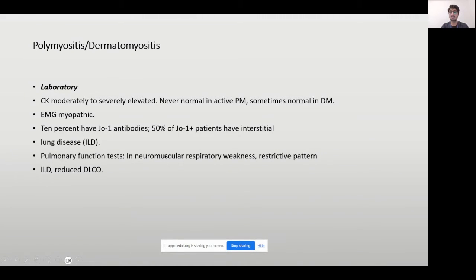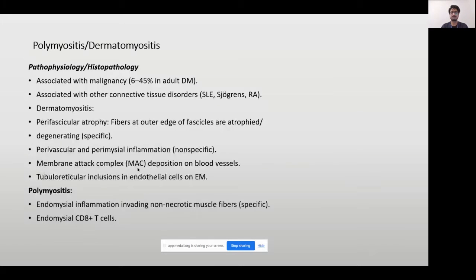Although these antibodies are not 100%, about 50% of patients with interstitial lung disease have anti-Jo antibodies come back positive. These conditions are usually seen in patients who have either malignancy or interstitial lung disease. Pulmonary function tests should be done in these patients. So this is how we should initially approach patients with this condition.